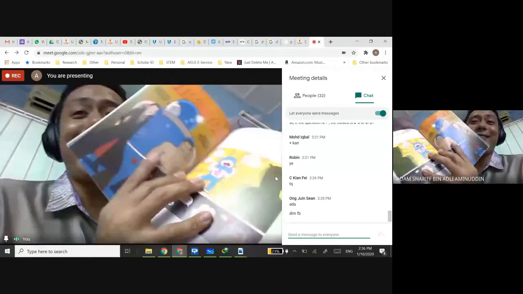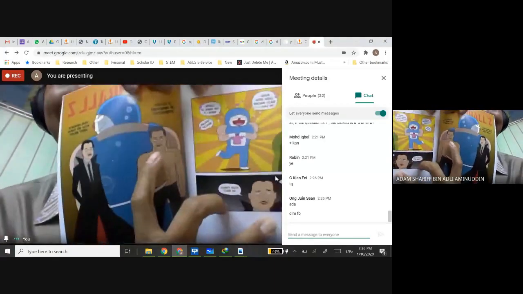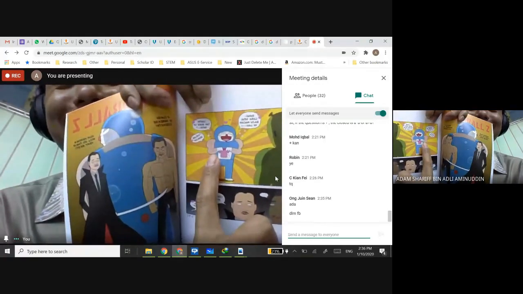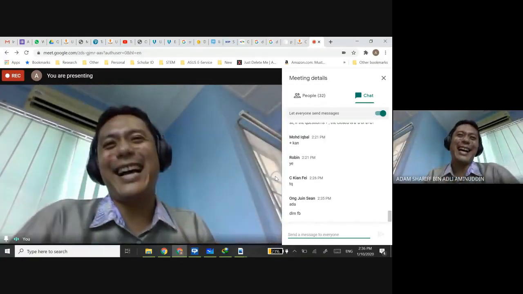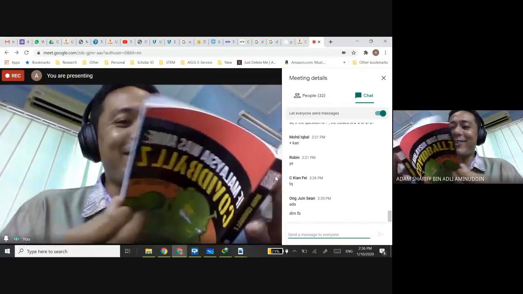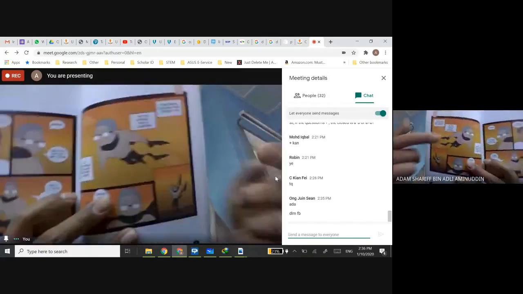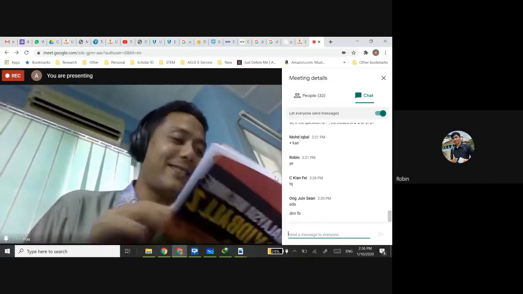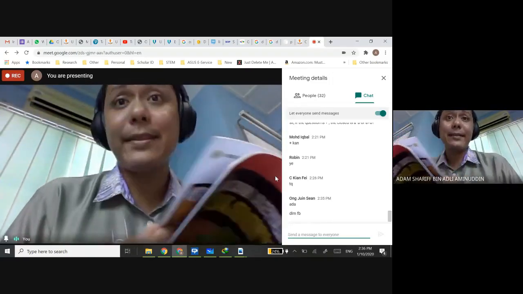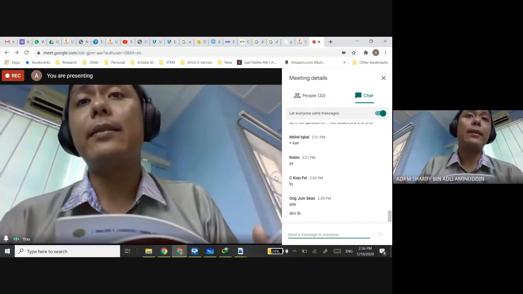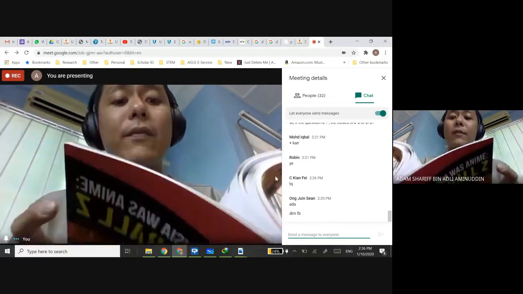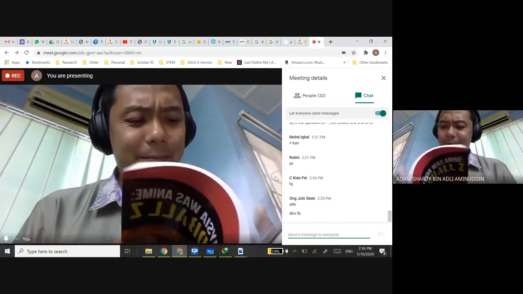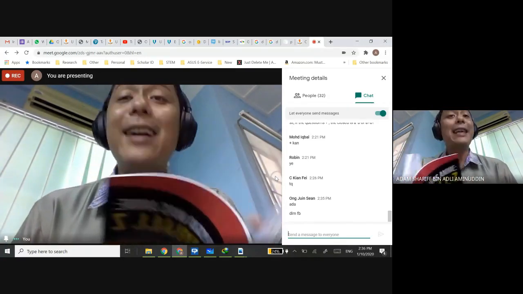Sometimes when they draw, who is it? Muhyiddin. This is a very funny comic. Tun M. Okay, you can buy this, or you can read online. It's Ernest Ng, COVID Ball Z. I think you guys have read it, you're just shy to say. Take 5, I'm just reading the comic.